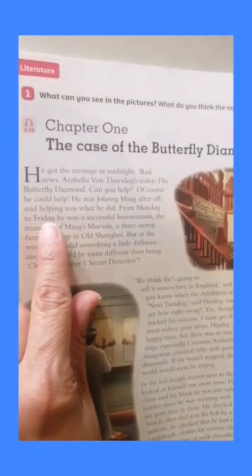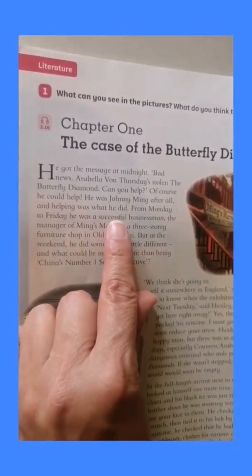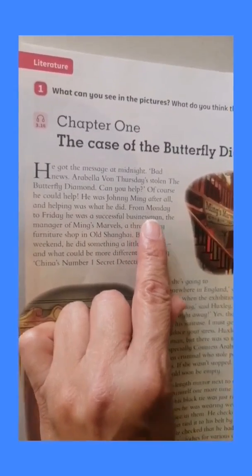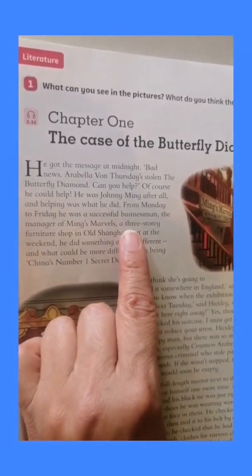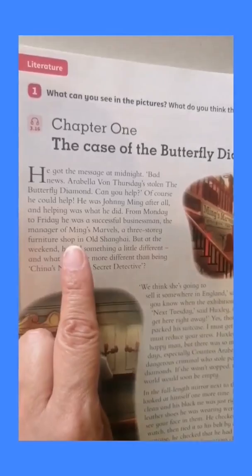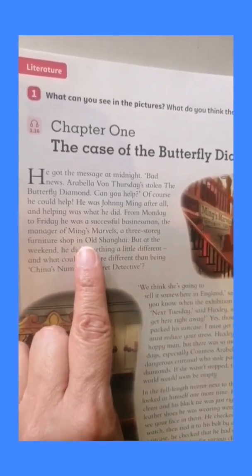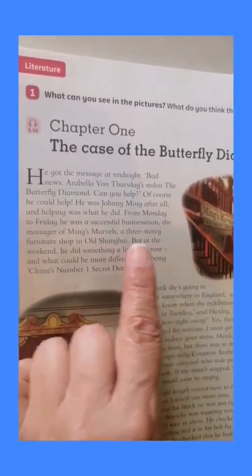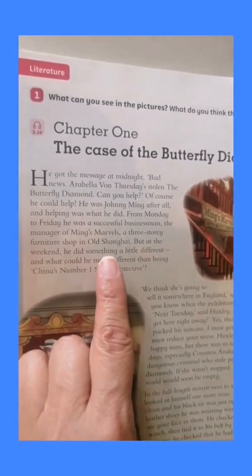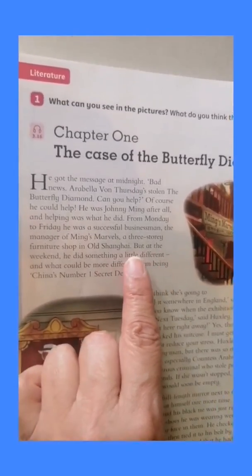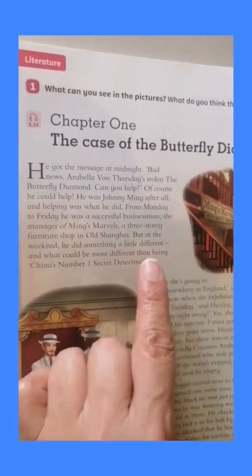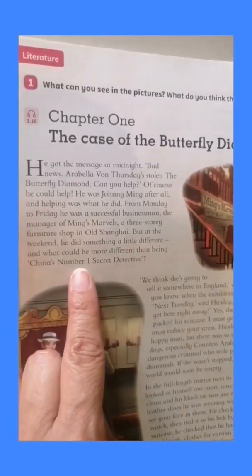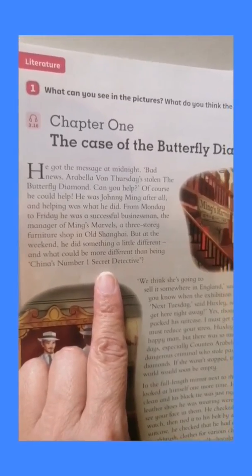From Monday to Friday, he was a successful businessman, the manager of Ming's Marble, a 3-story furniture shop in old Shanghai. But at the weekend, he did something a little different. And what could be more different than being China's #1 secret detective?